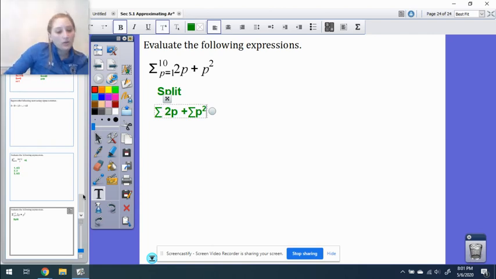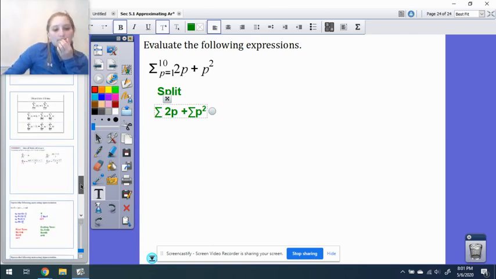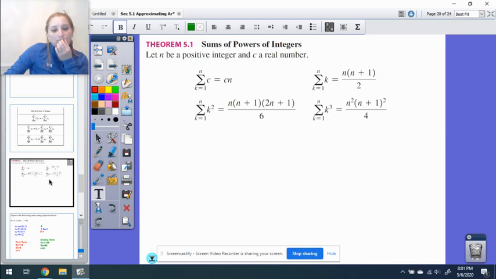Okay, so remember how we learned those rules? These guys? Okay. So we are going to use this one for the 2p part, and I'm actually going to bring the 2 in the front, okay? Notice your n is always going to be the upper bound. All right, and I'm going to use this one for the squared part.